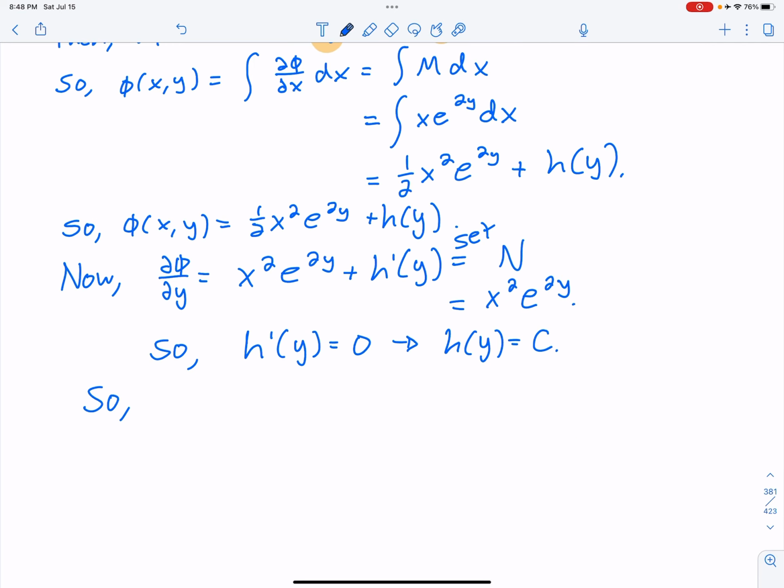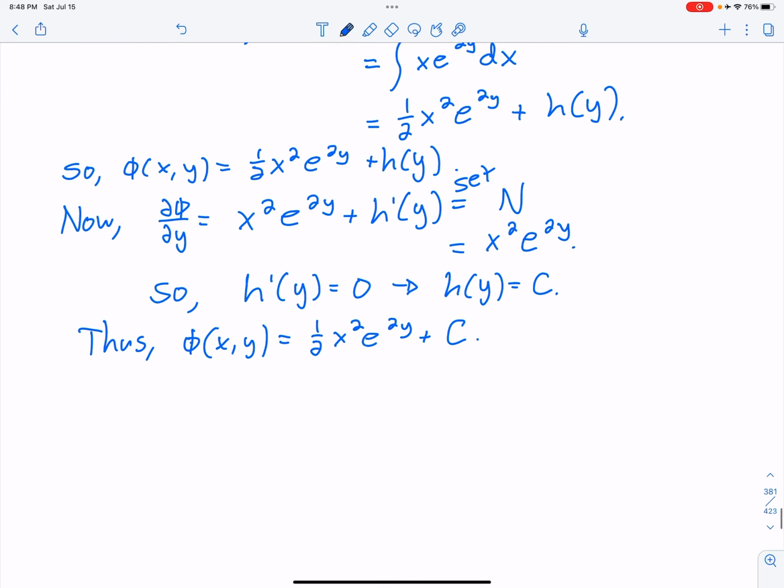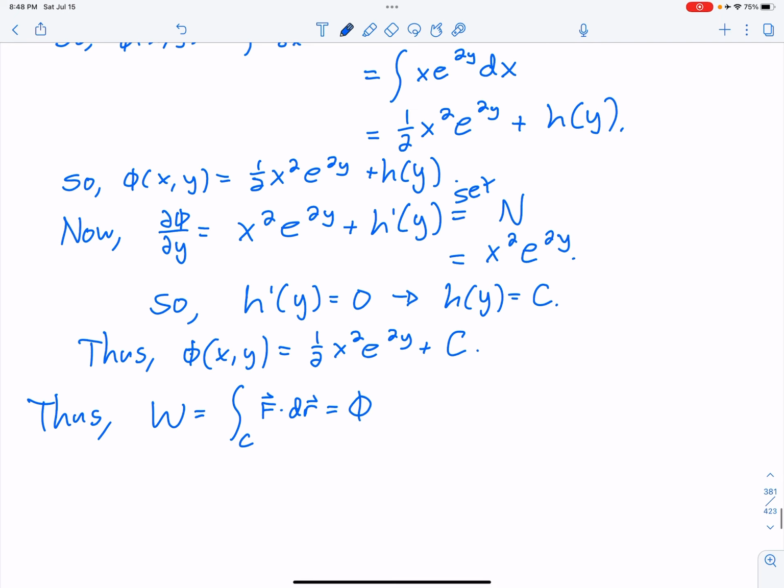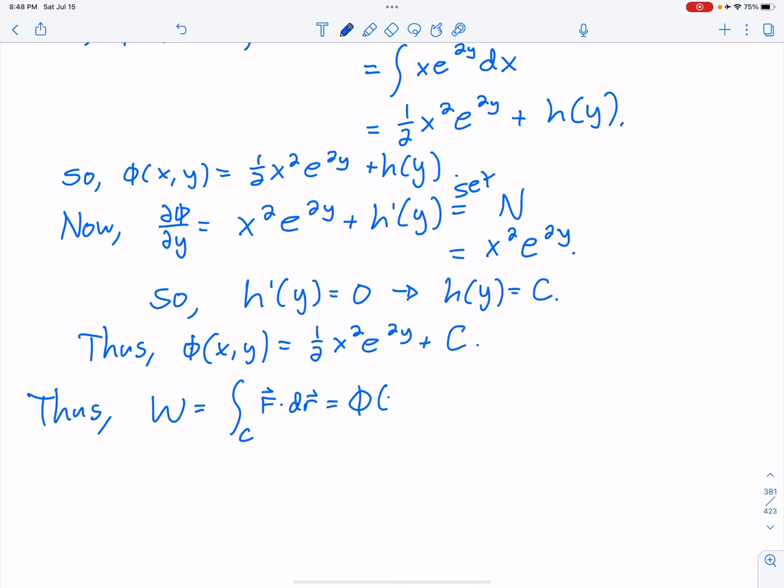So now, or I guess we could say thus, we have phi. Phi of x, y is equal to 1/2 x squared e to the 2y plus C. Now we can use the theorem, since it was conservative. Therefore, the line integral through the conservative vector field F dotted with dr, which will give us work, is equal to phi of, I forgot the points, I can look at my notes, it was (-1, 1), minus phi of (0, 0).